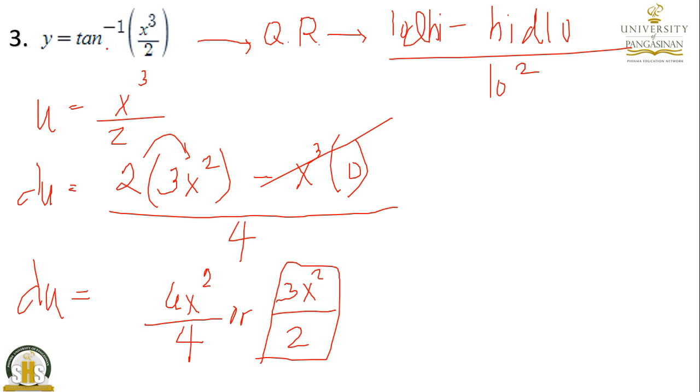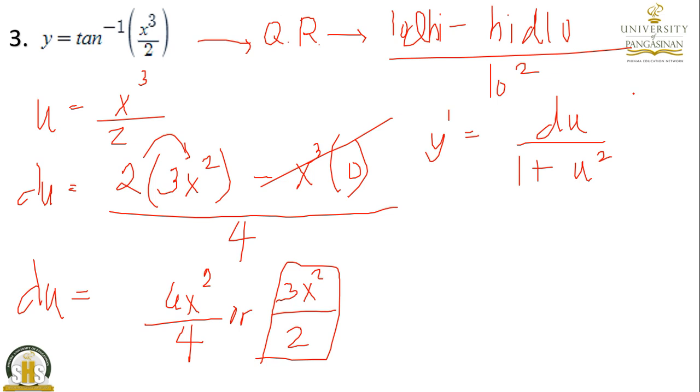Then, kunin natin yung formula ng inverse of tan. The derivative of the inverse of tangent is du, nasa previous slide or nasa module ninyo, all over 1 plus u squared. So, yan lang po yung formula ng inverse of tangent.